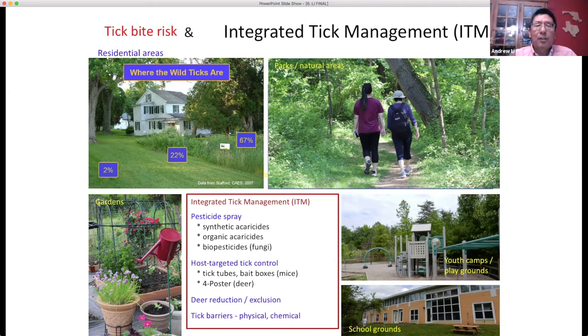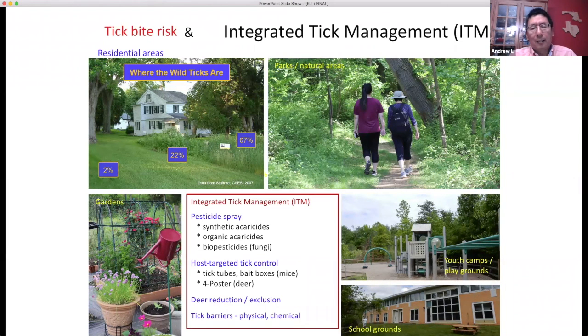Actually, according to Kirby Stafford, his study indicates most tick bites people get are really from the backyard. People spend time playing, working in the backyard, and that's where most of the tick bites occur.